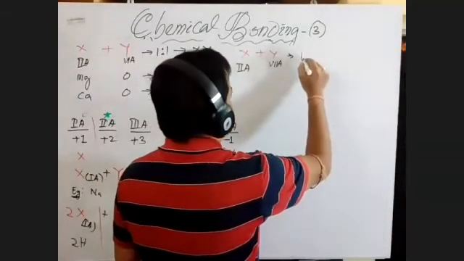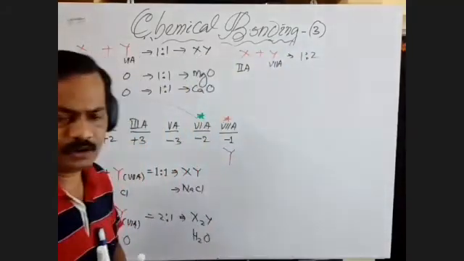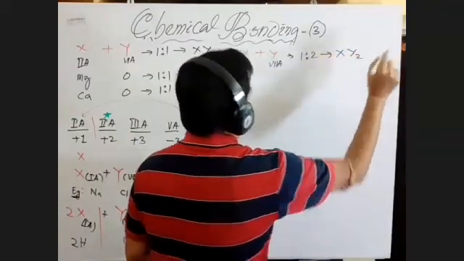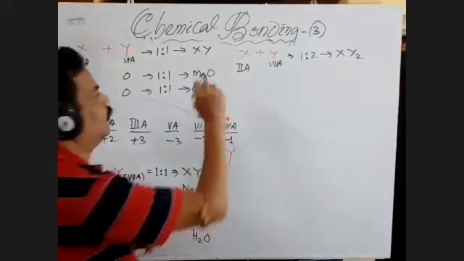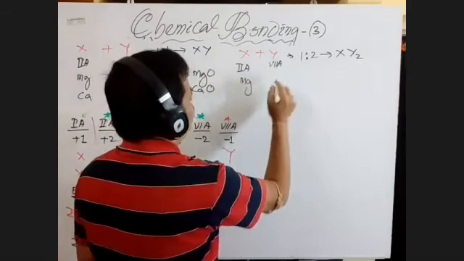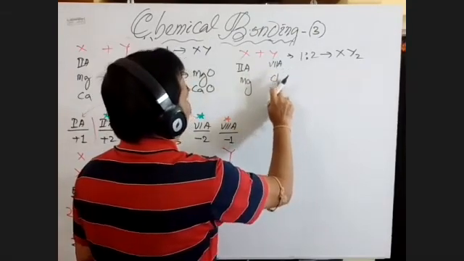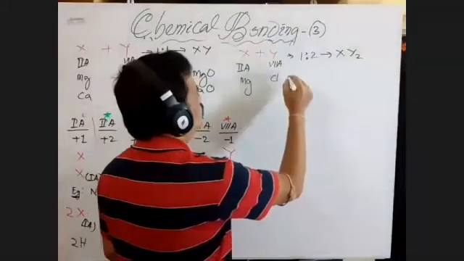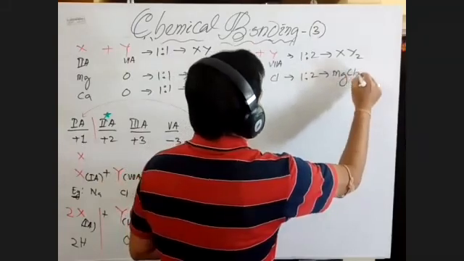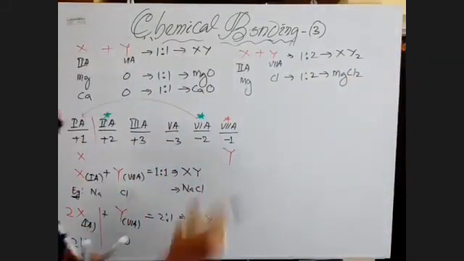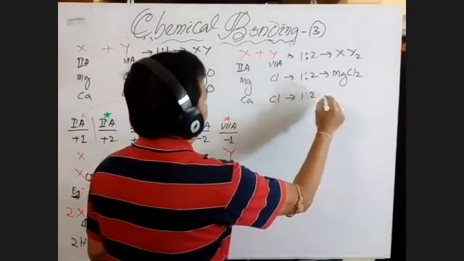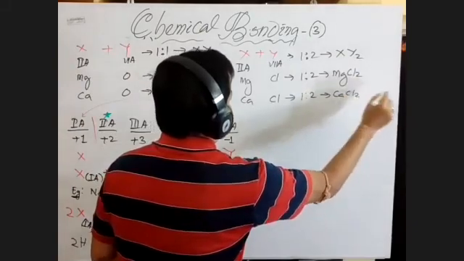Two combination means 1 is to 2 ratio. The chemical formula will be XY2. Like if you take second A, magnesium, and chlorine from 7th A, the ratio will be 1 is to 2, so it will form MgCl2. Calcium with chlorine will form CaCl2, calcium chloride.